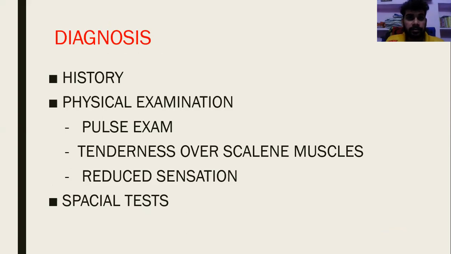Now we discuss diagnosis. Diagnosis is very important because it helps us know about the patient's condition and also helps in our treatment plans. Firstly, we discuss history. History is more important in athlete patients.